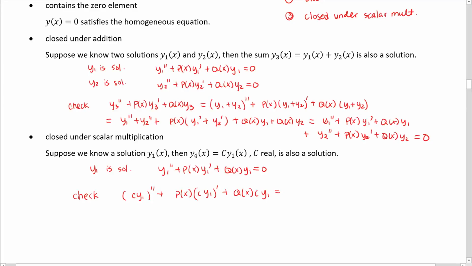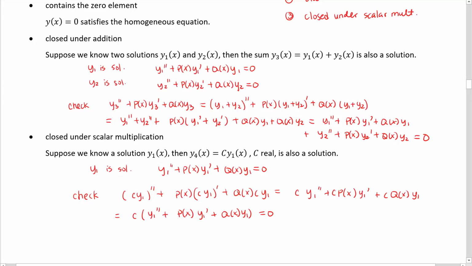That is a constant multiple, so we can put c in front and factor out all the c. So we have c times y1 double prime plus p of x y1 prime plus q of x y1 equal to 0.